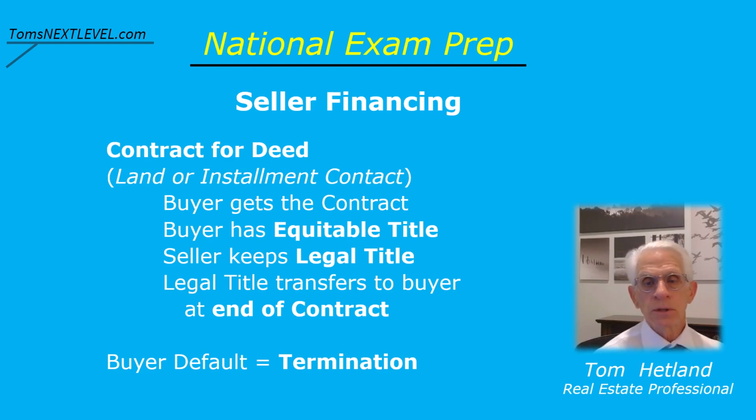With a contract for deed or land contract, the remedy for default is termination. I can terminate the contract as the seller and get my house back a lot quicker. Remember the remedy for default if we used a mortgage, that was foreclosure. So there are some word associations you want to compare for the test. Buyer default on a contract for deed is termination.